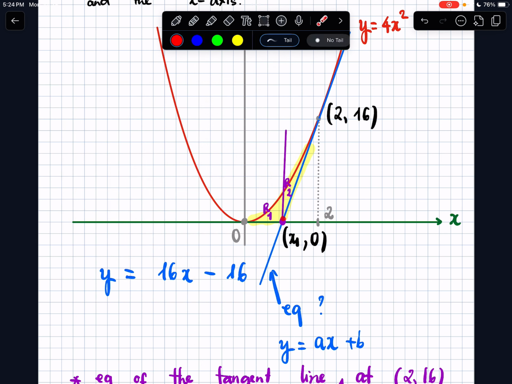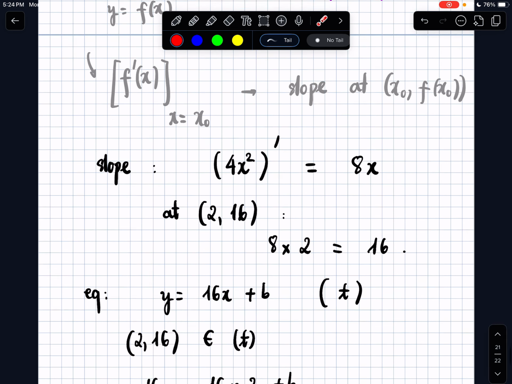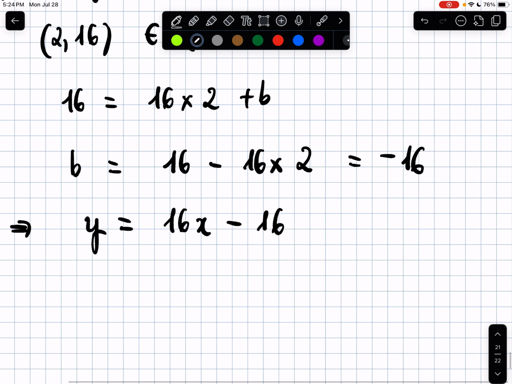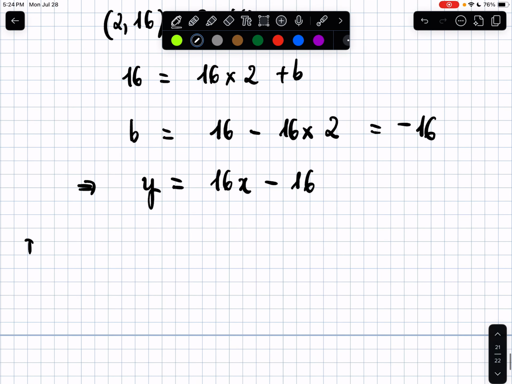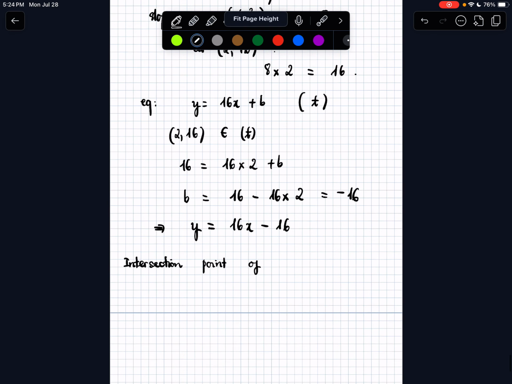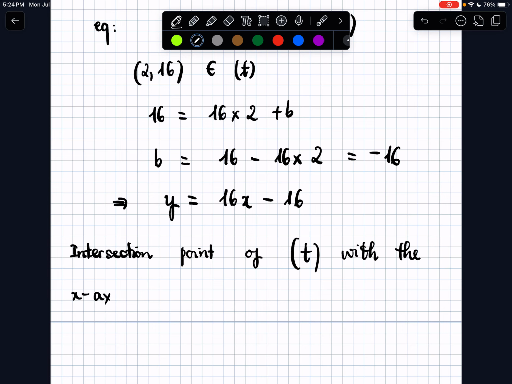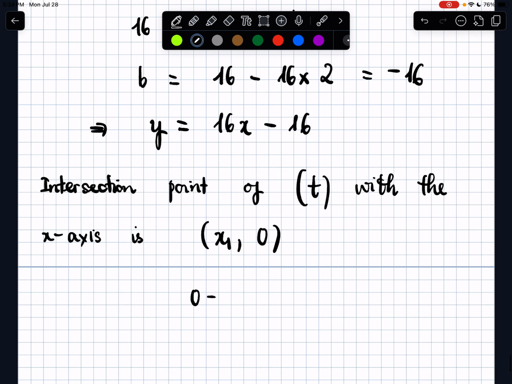The point (x1, 0) is when y equals 0. The intersection point of the tangent line t with the x-axis is (x1, 0), so y equals 0: 16 times x1 minus 16 equals 0.